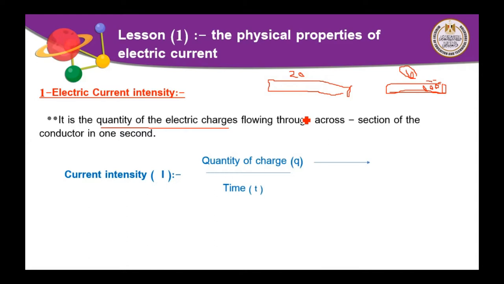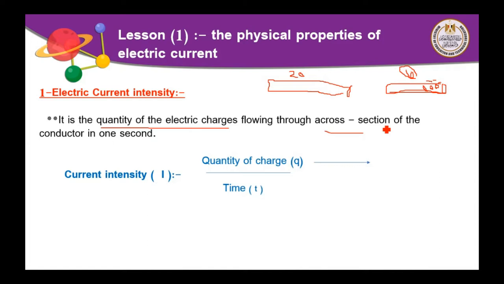Yes, second conductors. This means the quantity of electric charges flowing through the conductor or cross section. Cross section means a piece of wire or a length of wire, for example, 1 meter of electric wire, 2 meters of electric wire.